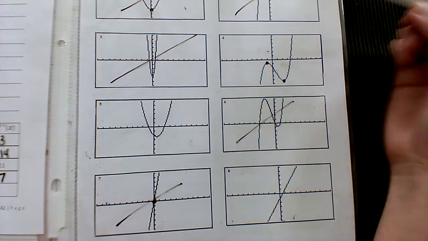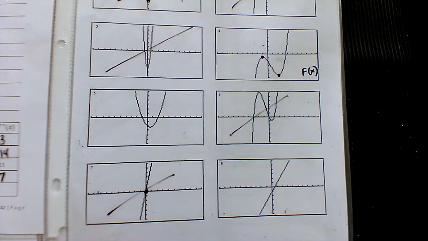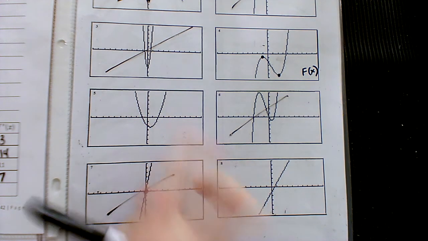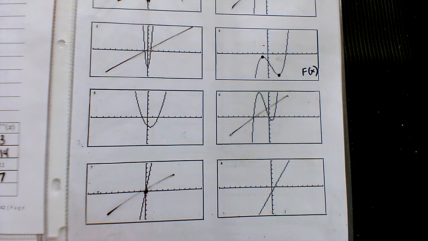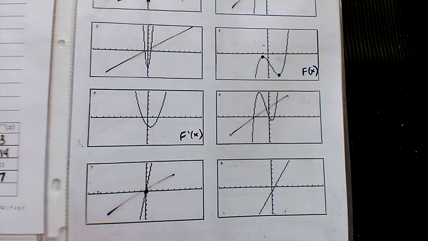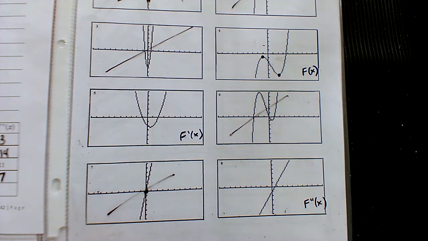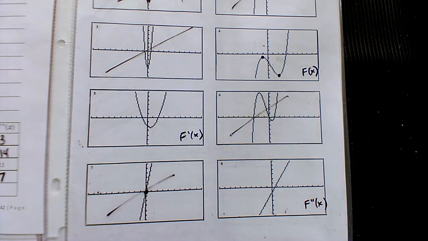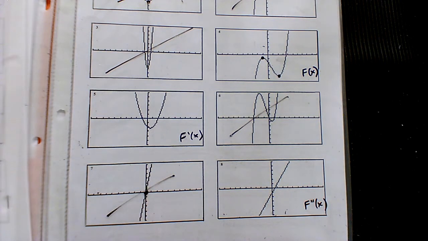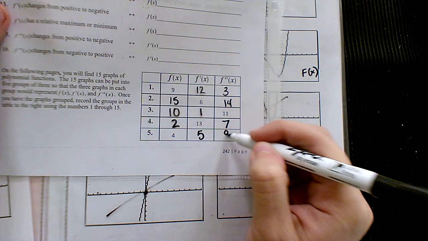So this is the original function for f of x. Can we quickly jot down which one might be the first derivative, which one's the second? 5 is the first one. How'd you know? It's quadratic, and 8 would be the second because it's linear. Okay, so they do get kind of easier the more you identify. You can kind of do process of elimination. So we'd have 5 and 8.